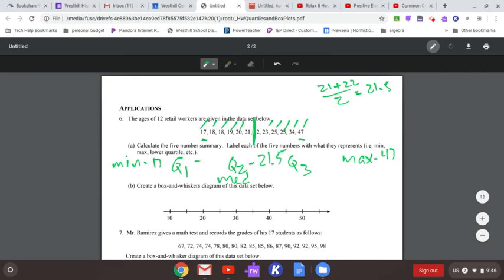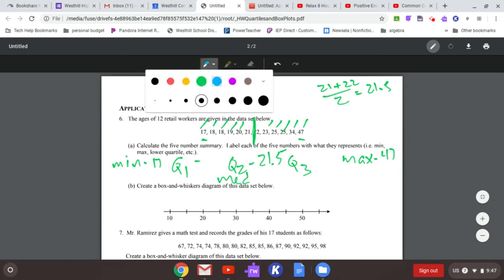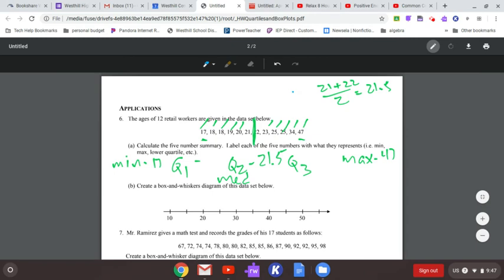Now we need to look at our Q1. Our Q1 is going to fall in this part, so we have to find the median from here to here. If we do the same thing, cross out and work our way in, we fall right halfway between 18 and 19, and we know it's going to be 18.5.